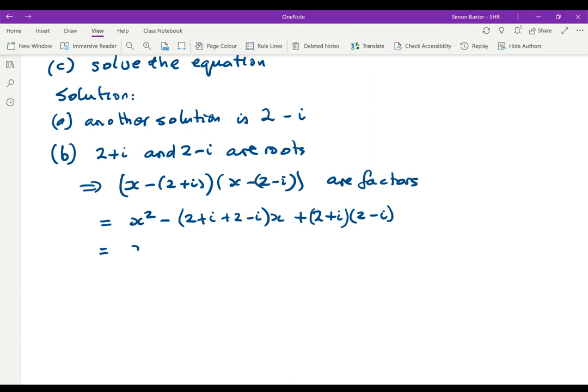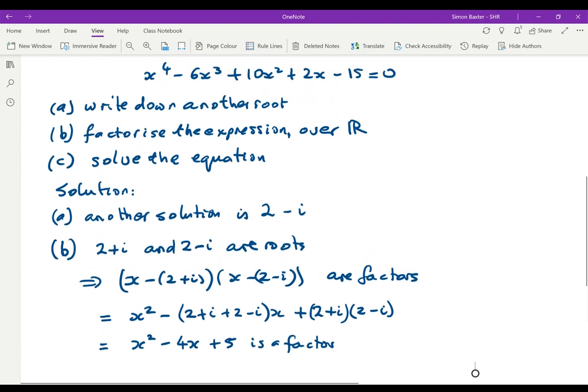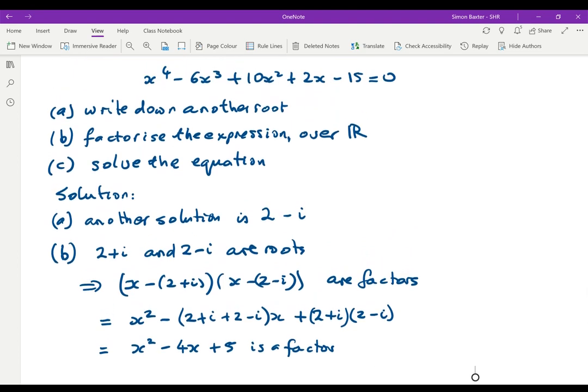And that, therefore, is x squared. The i's disappear. I get minus 4x. (2 plus i)(2 minus i) is 2 squared minus i squared. That's 4 plus 1. That's 5. So we now know that x squared minus 4x plus 5 is a factor of the expression at the top of the page.